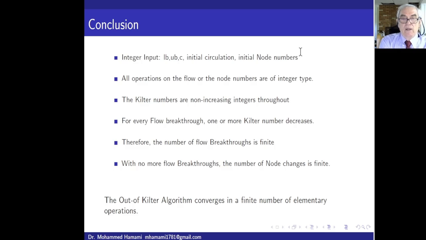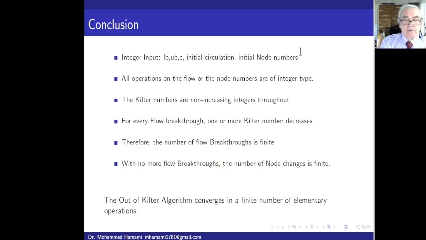And the important thing is that the kilter numbers are also integers and are non-increasing throughout. And for every successful flow breakthrough, one or more kilter numbers decrease. And that's why we cannot go through the flow change process in infinite iterations.